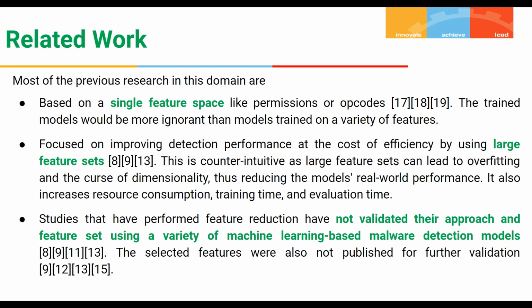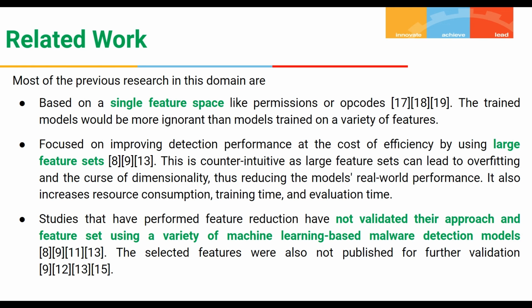Most of the previous research in this domain was based on a single feature space like permissions or opcodes, but this results in malware detection models which are more ignorant than models trained on a variety of features. Previous research has also focused on improving detection performance at the cost of efficiency by using large feature sets.